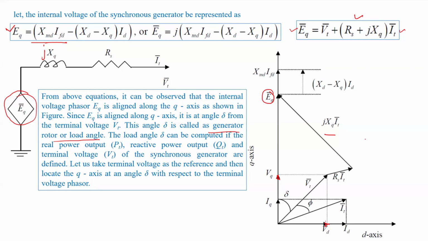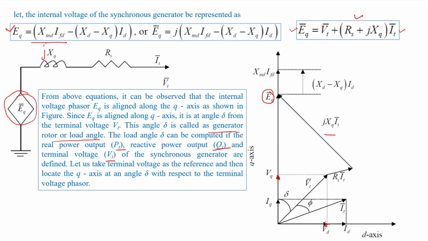Okay, because through this angle, if we take the terminal voltage as the reference voltage, considering a single machine, under that condition, whatever angle your internal voltage is making with the reference, that is the rotor angle or the load angle, right? And this load angle can be computed if real power output PT, reactive power output at the terminal QT, and the terminal voltage VT of the synchronous generator are defined well.